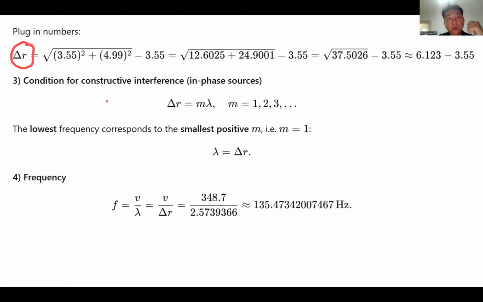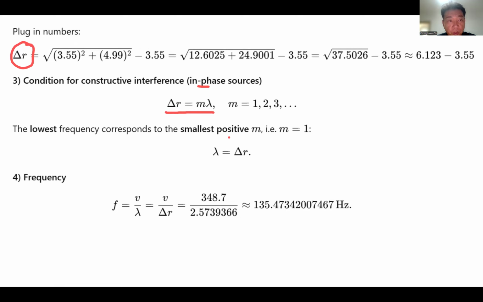The condition for constructive interference with in-phase sources is delta r equals m lambda, where m is an integer. The lowest frequency corresponds to the smallest positive m.